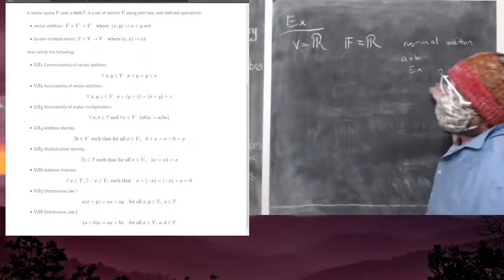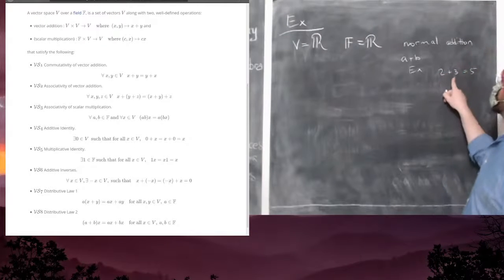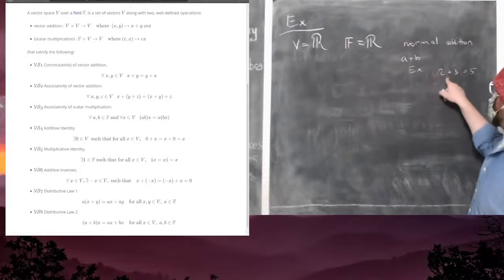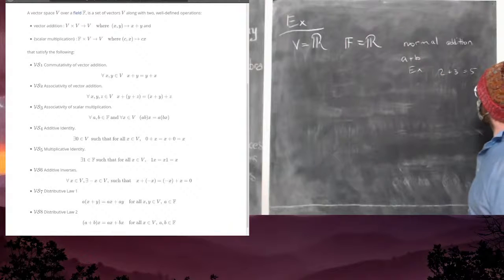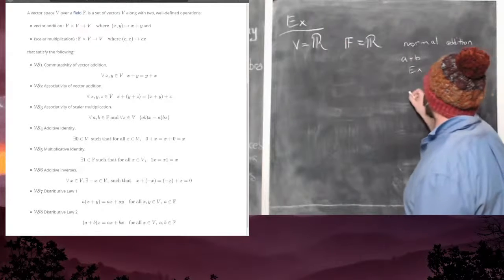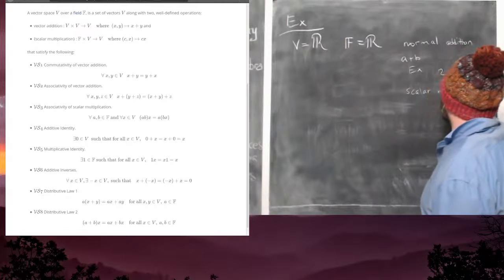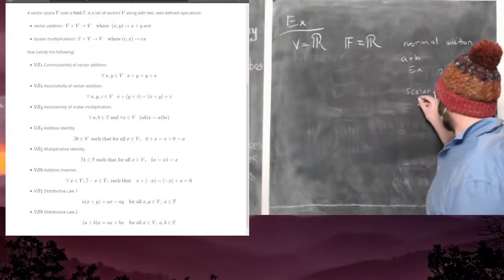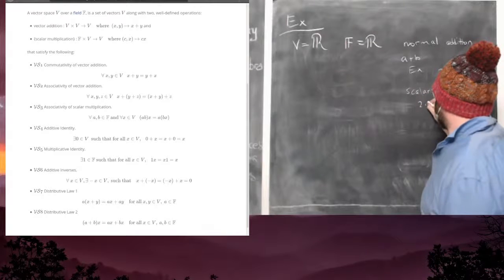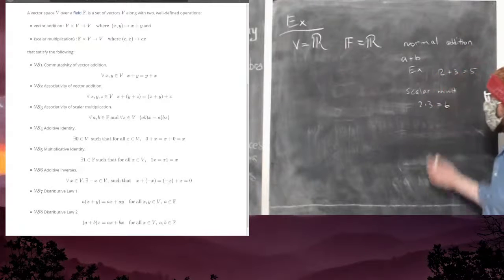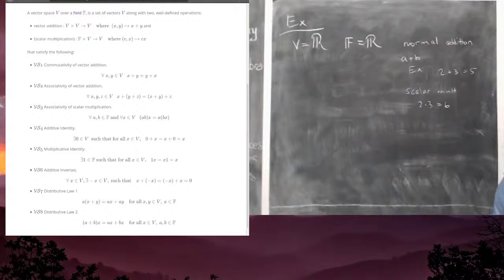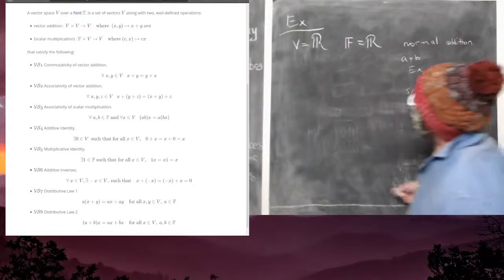I know we know this, but still, this is just a special case of this. And then similarly, the scalar multiplication is exactly what it should be. And you can do this with any field.